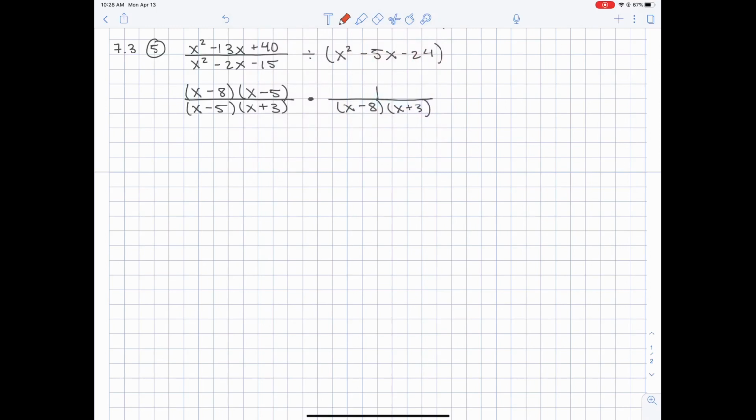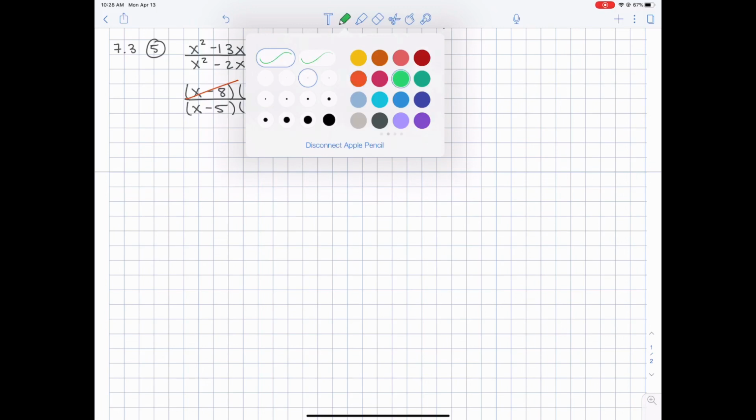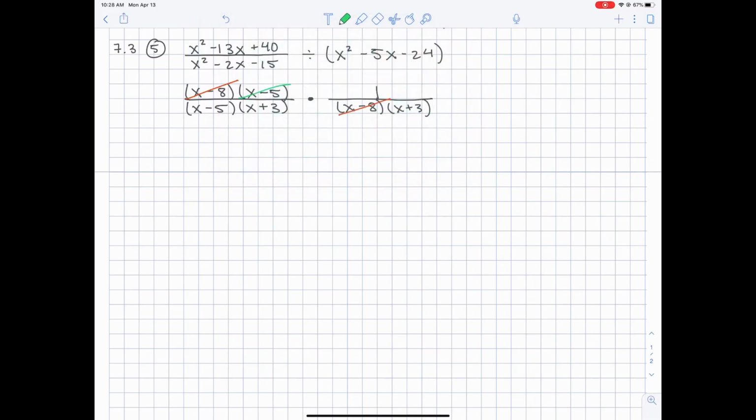So I have an x minus 8 and an x minus 8, and then I also have an x minus 5 and an x minus 5. That just leaves me with 1 over x minus 3 squared, but I have to state that x cannot be 8 and x cannot be 5 on this one.